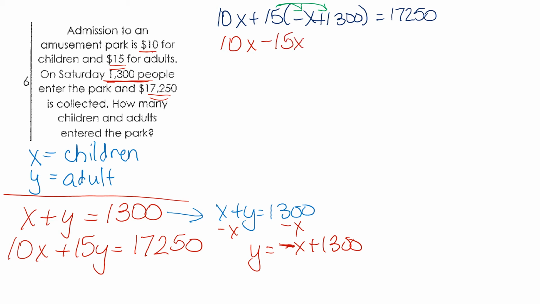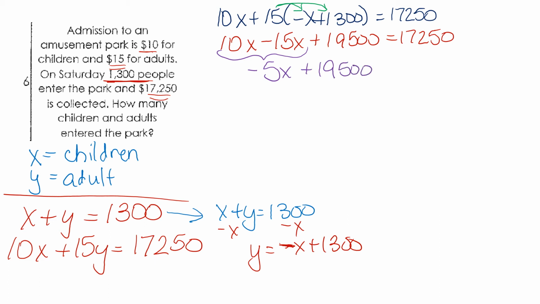And 15 times 1,300 is going to be 19,500. Bring down your 17,250. You want to combine your like terms. 10x minus 15x would be a negative 5x. Bring down your other terms you did not use.